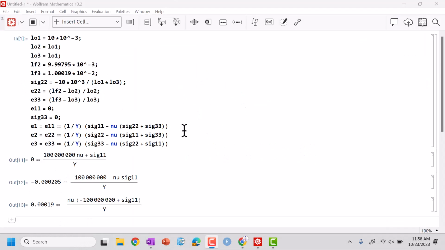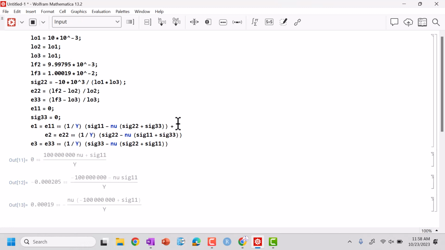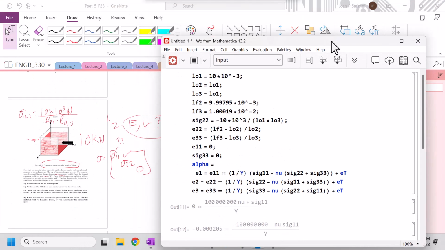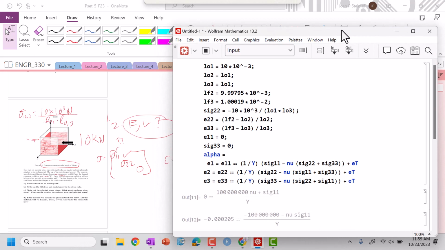So we've got our equations, but we forgot one very important part, which is alpha times del T, we'll call it just ET, added to each strain equation, because we need to account for thermal expansion. Alpha is equal to 1 times 10 to the minus 6.